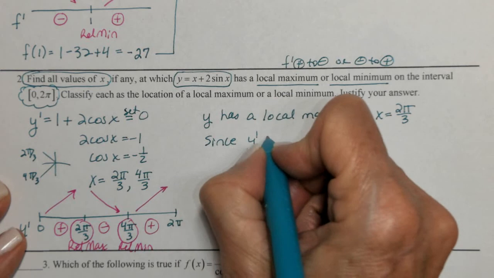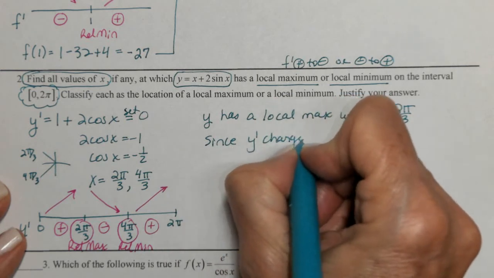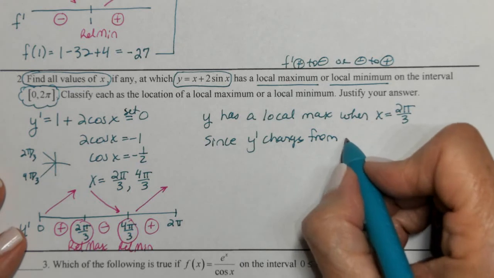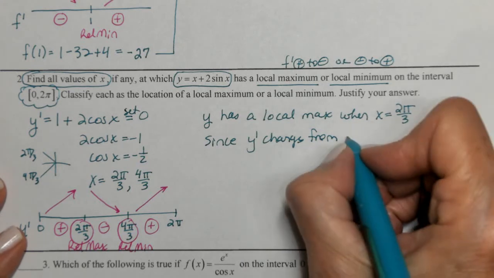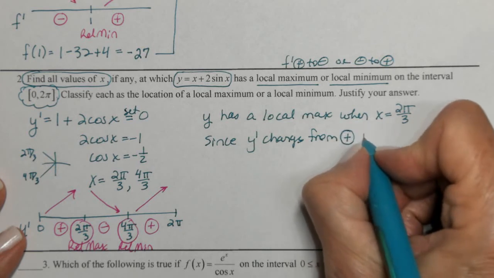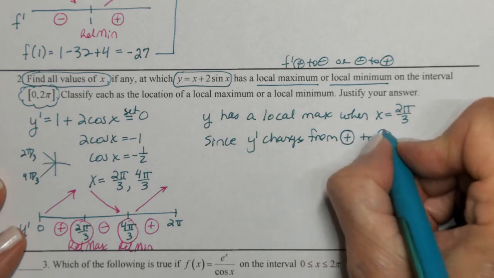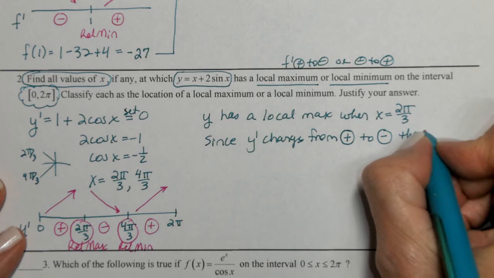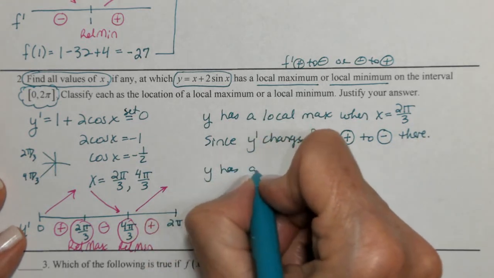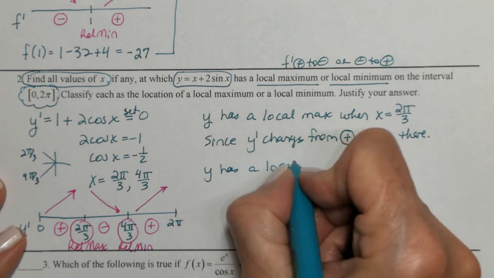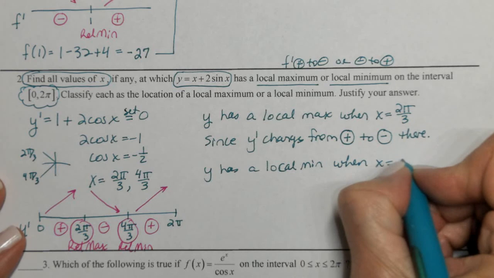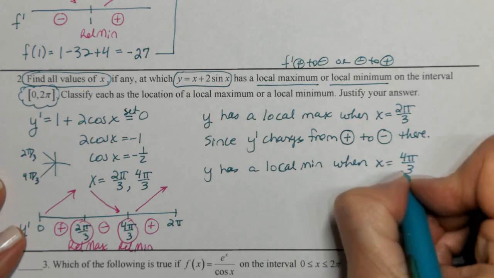Since y prime changes from, I'm going to write positive to negative, and an abbreviation for that is a little plus sign. Positive to negative, there. Y has a local min when x is 4 pi over 3.